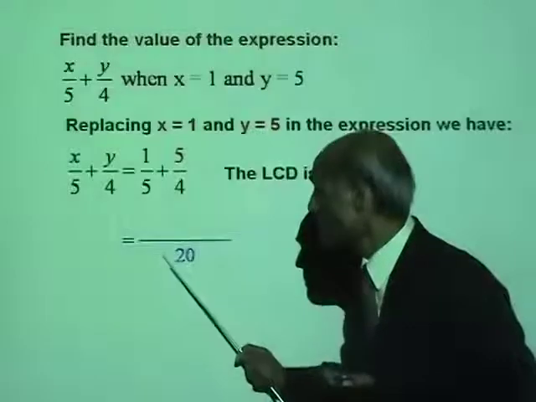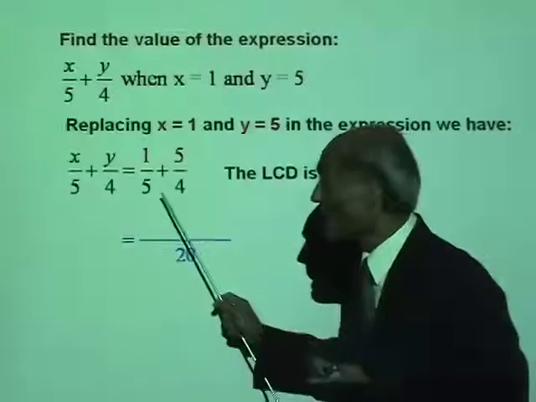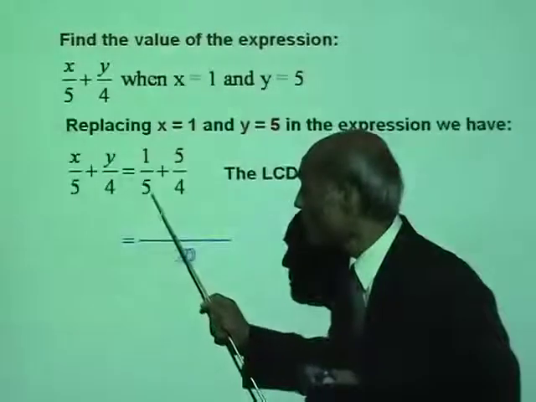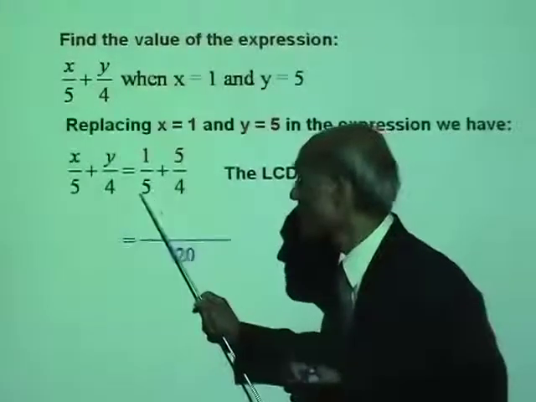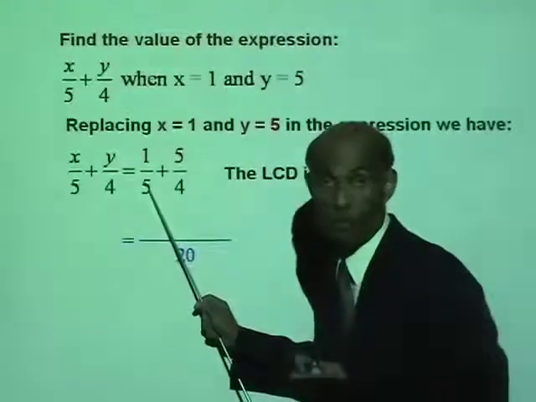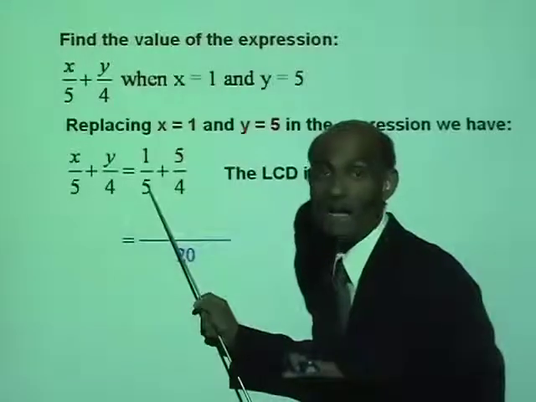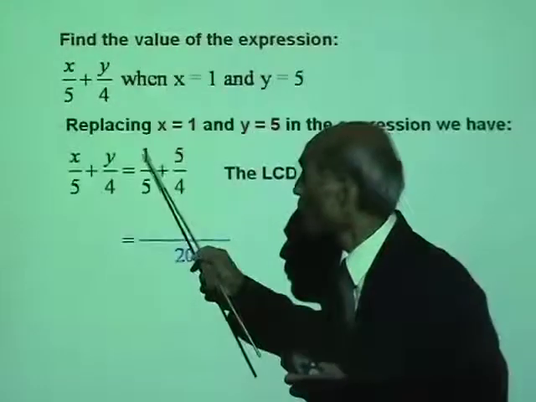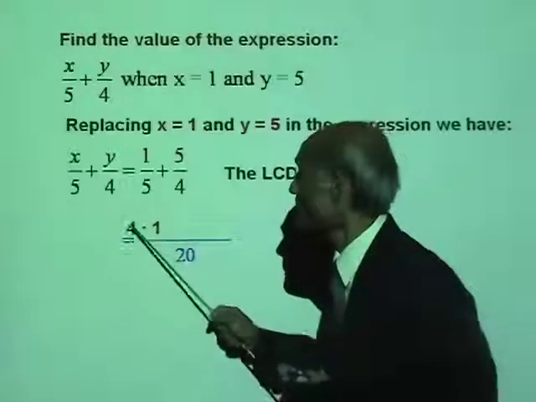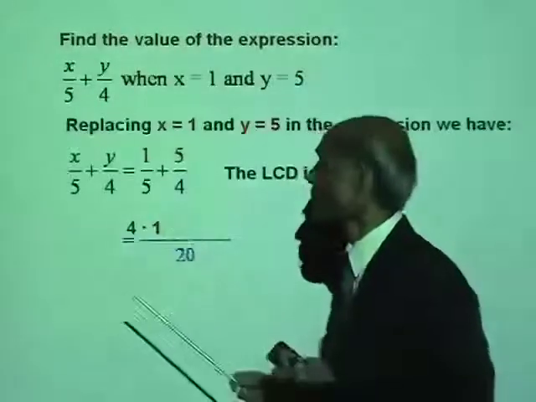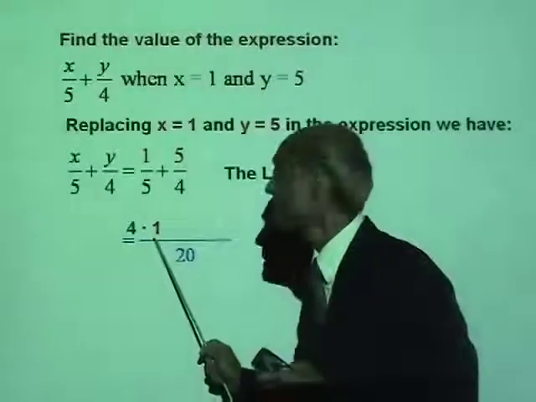The common denominator is 20 and the first denominator here is 5. So 20 divided by 5 is 4, and we multiply that 4 with its numerator 1. That gives me 4 times 1 on the numerator.